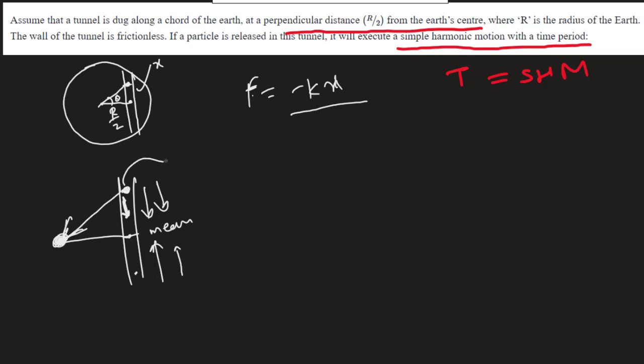So if this particle's mass is say m naught, and the earth's mass is, let us say, capital M, then the gravitational force will be given by G, the gravitational constant, m0 and capital M, the earth's mass, divided by R cube, that is the radius of the earth cubed, into distance r. So distance r is basically the distance between the center of the earth and that particle. So let us assume that it is r.